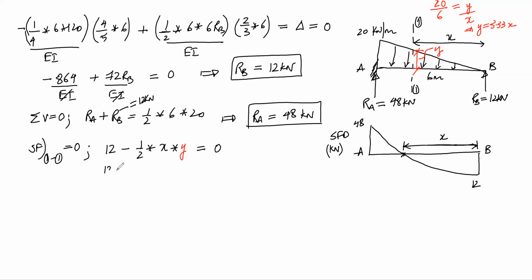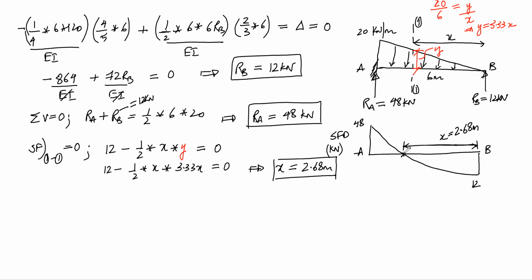So now this becomes 12 minus 1 by 2 into x into y, which is 3.33x, is equal to 0. If I solve this equation, I will get the value of x as 2.68 meters. Okay, so what it means is, at a distance of x equal to 2.68 meters from B, the shear force is 0, and at this point the bending moment will be maximum, right?